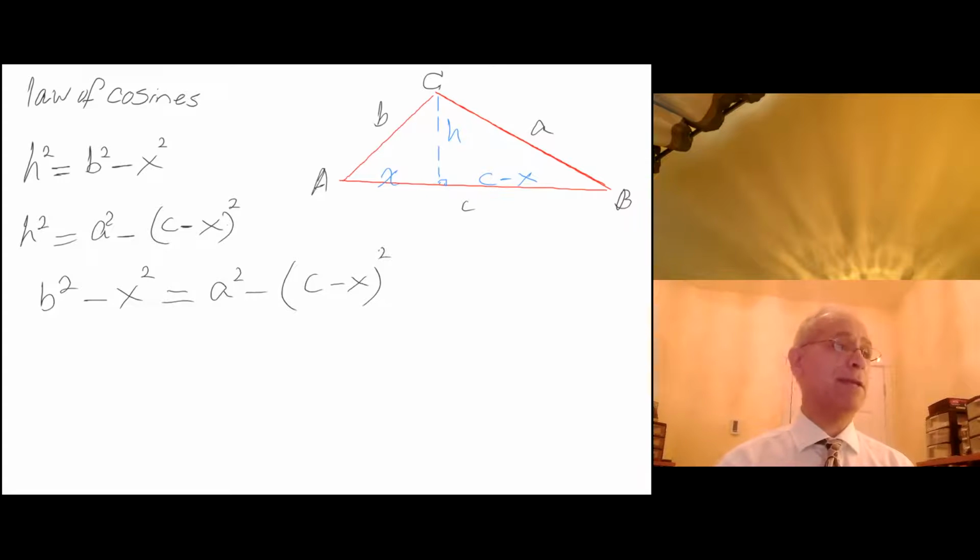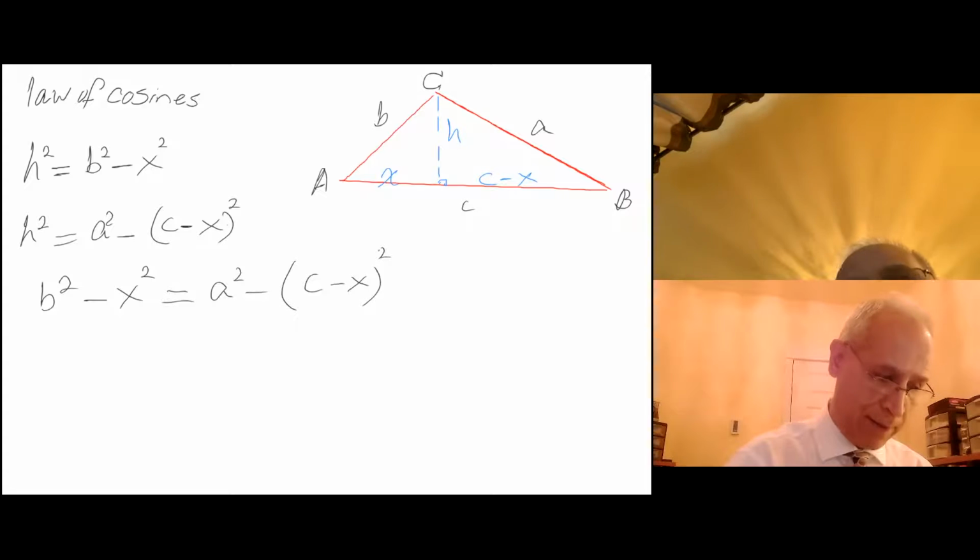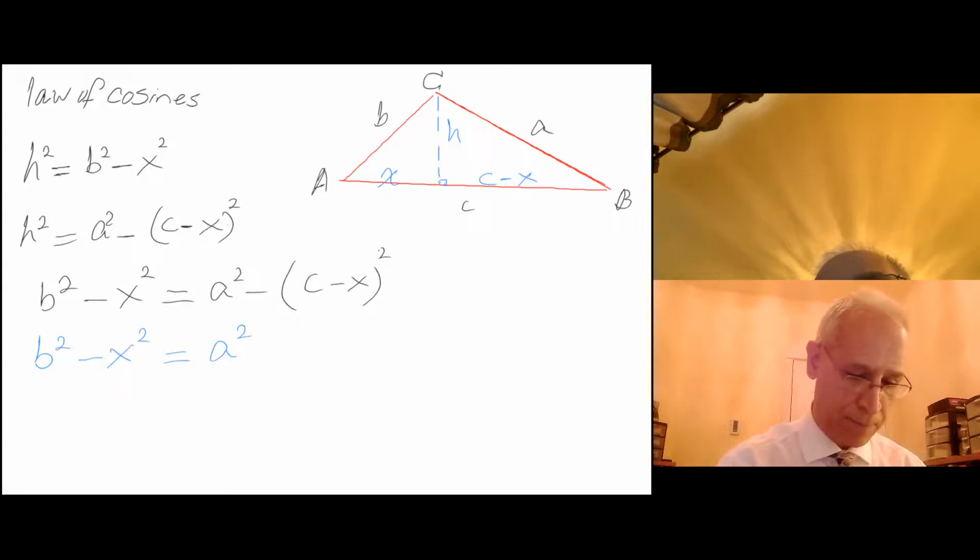Now I'm going to go ahead and expand the right-hand side. On the left-hand side, I still have b squared minus x squared equals a squared minus (c squared minus 2cx plus x squared).